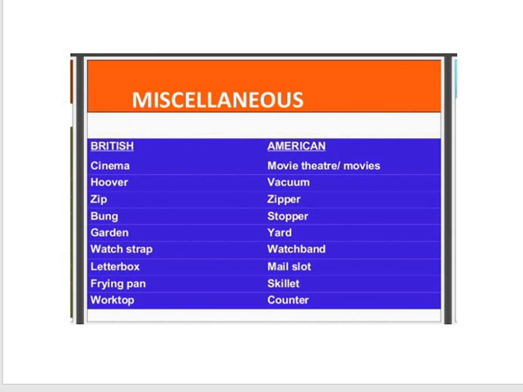Next miscellaneous are cinema, movie theater, movies. Hoover, vacuum. Zip, zipper. Bung, stopper. Garden, yard. Watch strap, watch band.